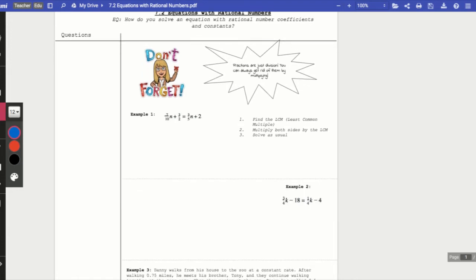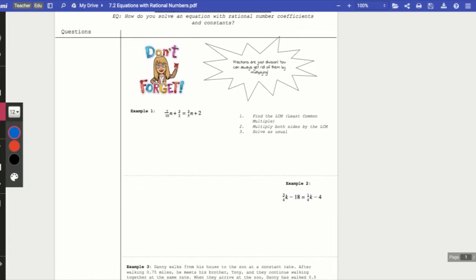And what you're going to find is we're going to multiply by the least common multiple. Now, if you think back, the least common multiple is the smallest number that two numbers multiply into, or in this case, since we have 3 fractions, that these 3 fractions multiply into. So we want to find the least common multiple first. I know 10 goes 10, 20, 30, 40, 50, 60, etc., right?